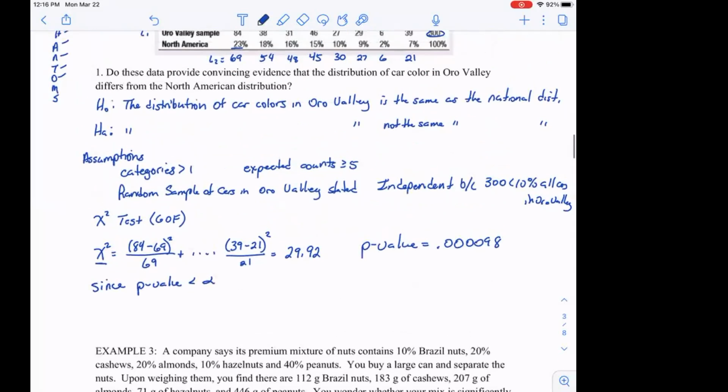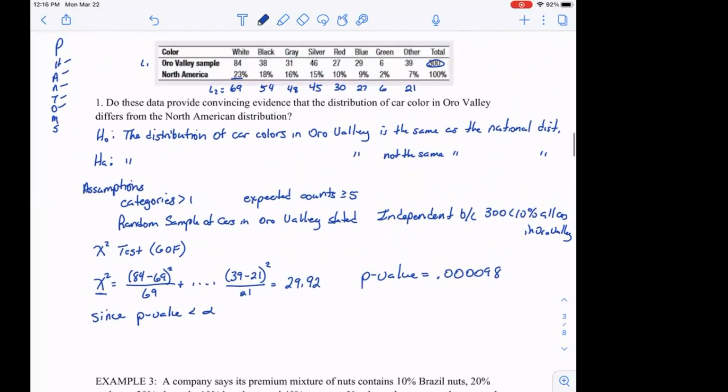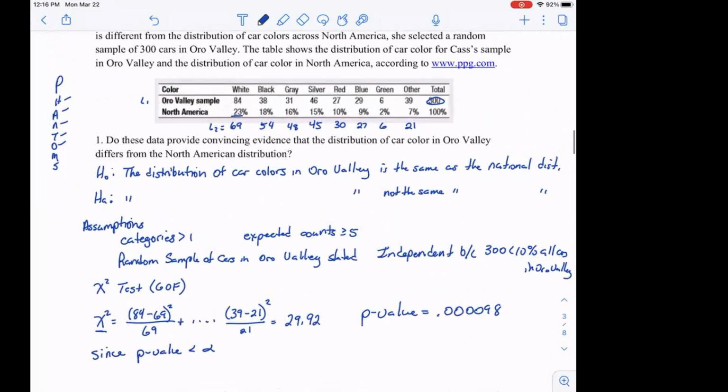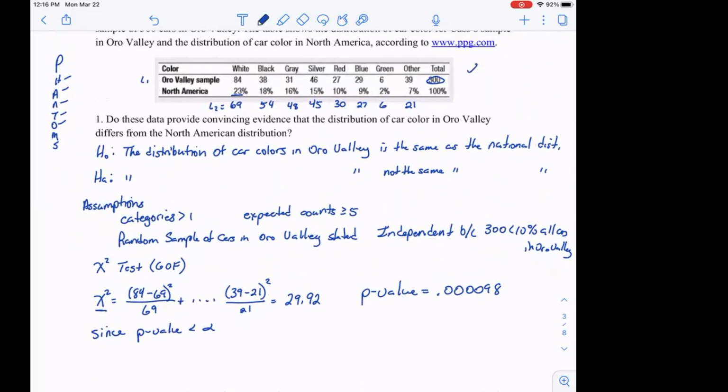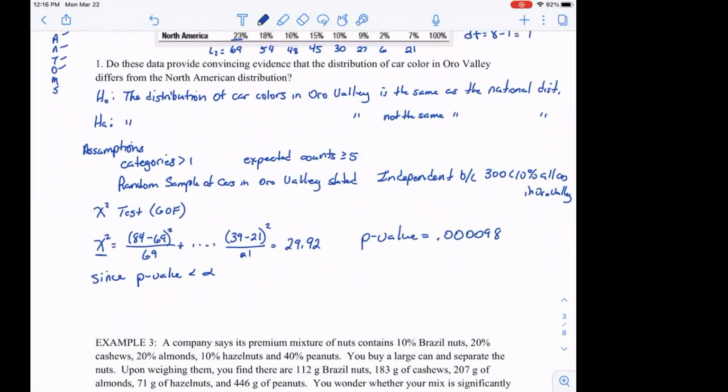Did we establish alpha anywhere? It did neither, so I'm going to write alpha is 0.05. The other thing I didn't include is my degrees of freedom. Again, I have to have that stuff listed. Because that p-value is small, we're going to reject the null hypothesis.